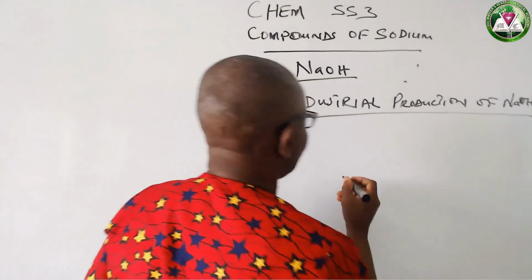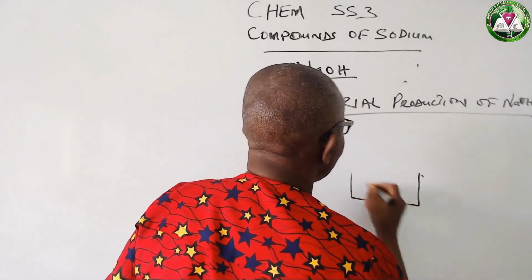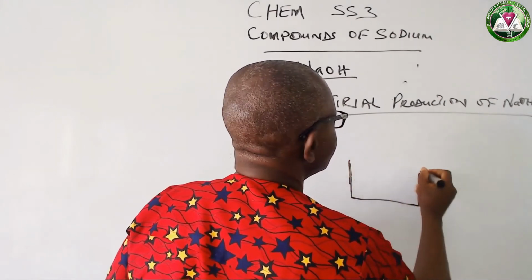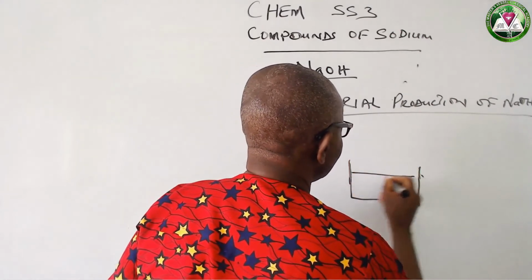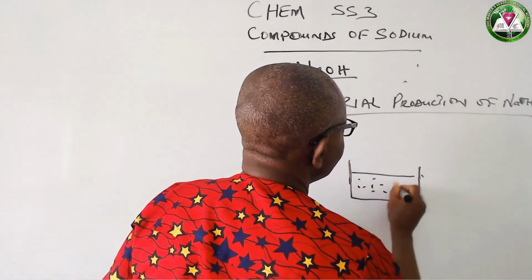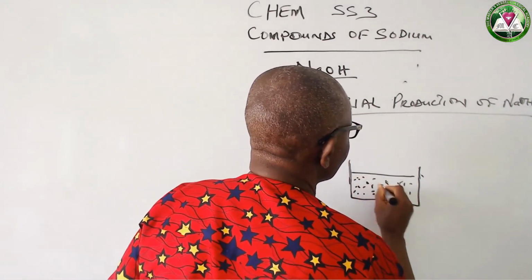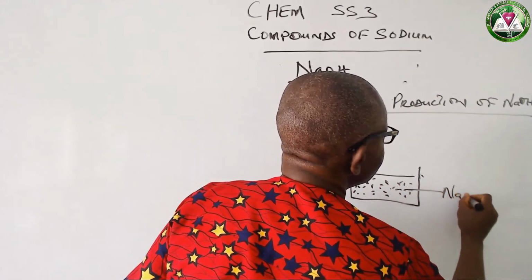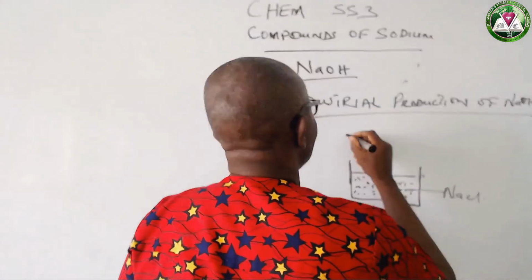If you have your beaker, you dissolve sodium chloride in water, then you have two electrodes.